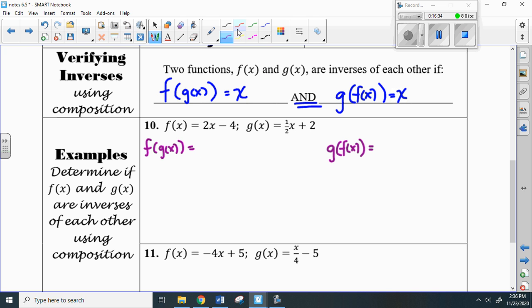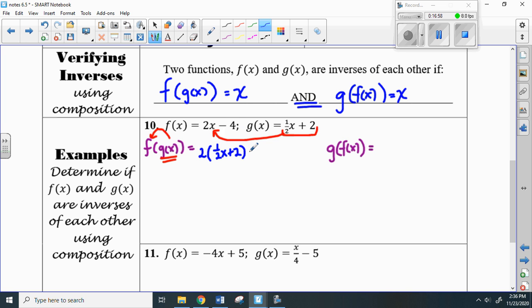For the first one here, I need to put g of x into f, right? In place of x. So I'm going to take all of this, I'll bring it over here, and put it in place of x. So I'm going to have 2 times, but instead of x, I'm going to have 1/2 x plus 2.